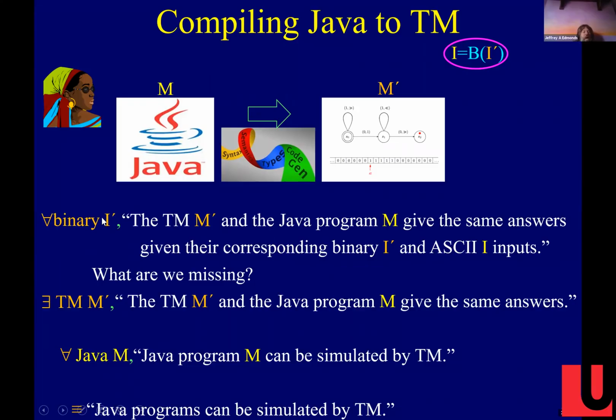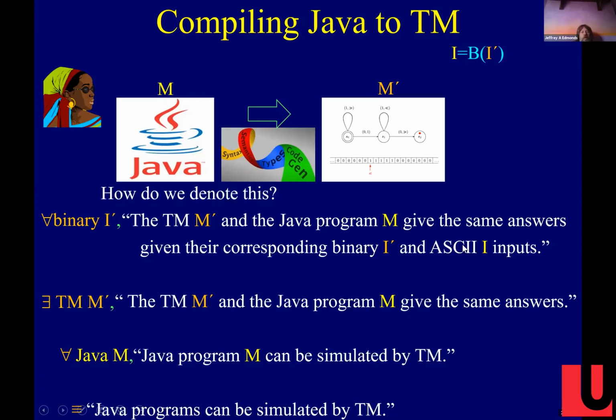For every I prime, for anything that the Turing machine could be given, it's going to do the same thing as the Java program will do on the corresponding input. So how do we denote this? Given an arbitrary binary input, the Turing machine on its input does the same as the Java program does on its input. Does that make sense?